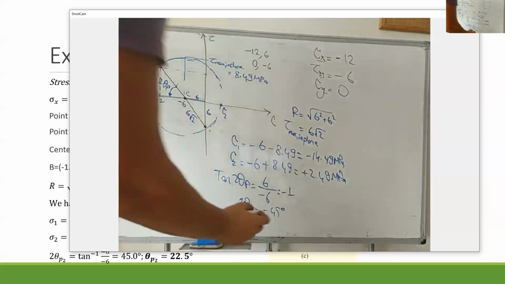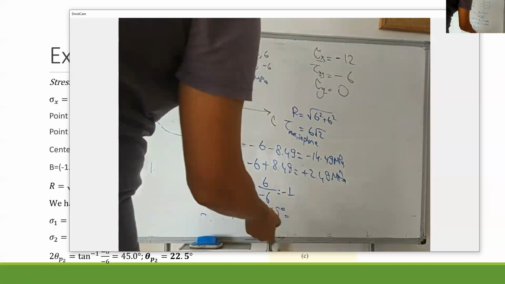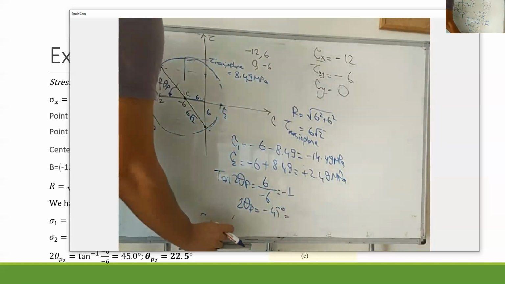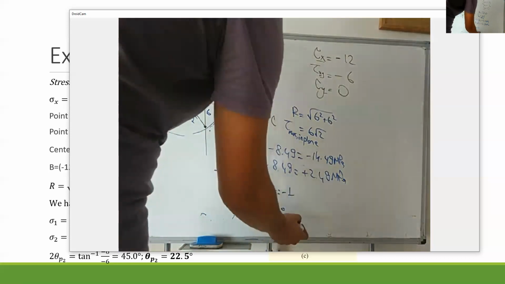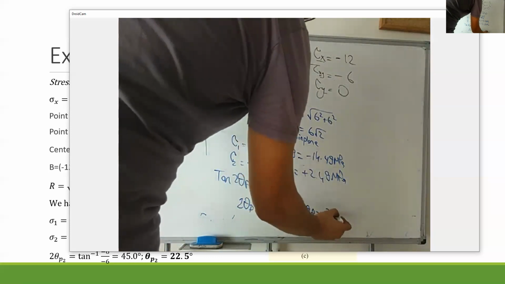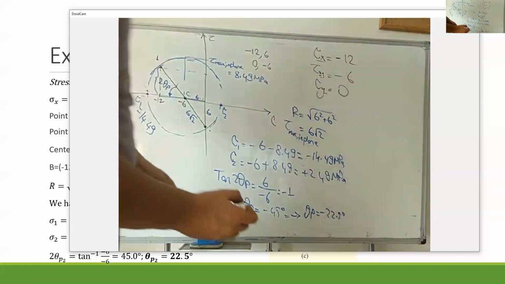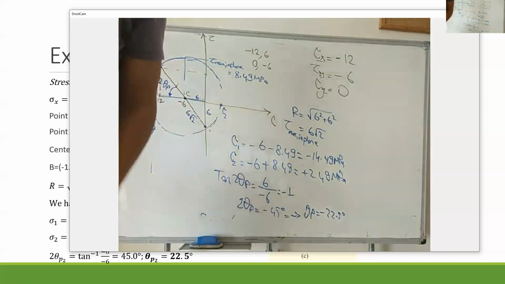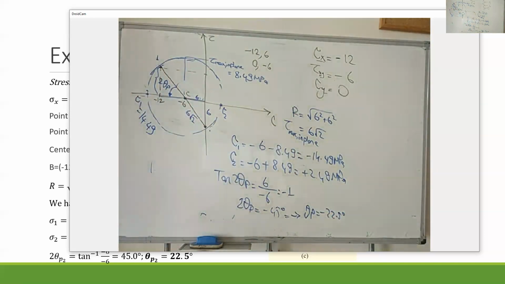So we obtain theta p is equal to -22.5 degrees. Maybe you can write 135 degrees. It's up to you, but I'm always talking about this angle. Therefore this angle is 45 degrees.